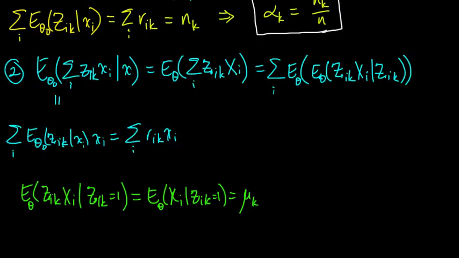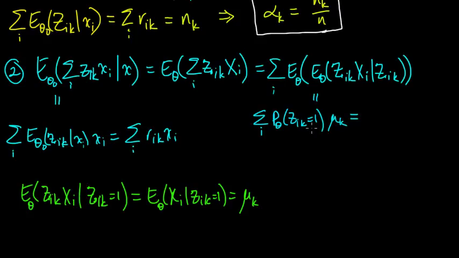Very nice indeed. And so this thing becomes, what should I put? I'll put something like that. This equals sum over i. Now I said it was this expectation. We take the probability that zik equals 1 times this conditional expectation, so maybe I'll just write probability zik equals 1 times mu k.